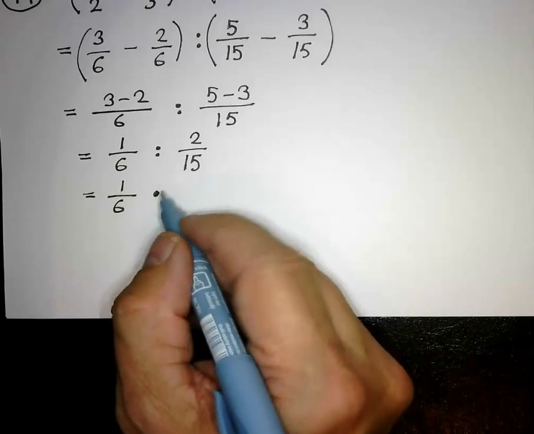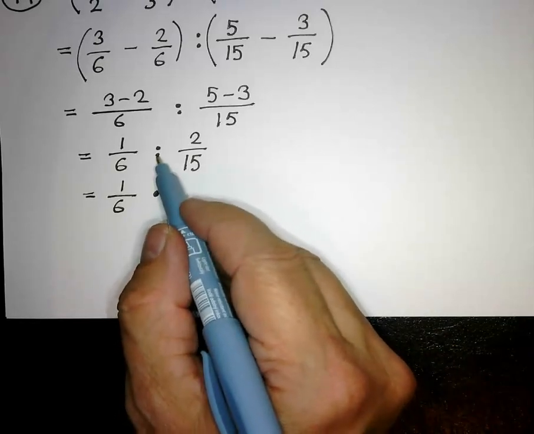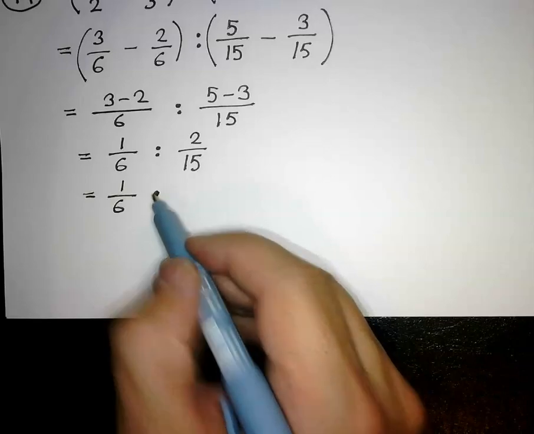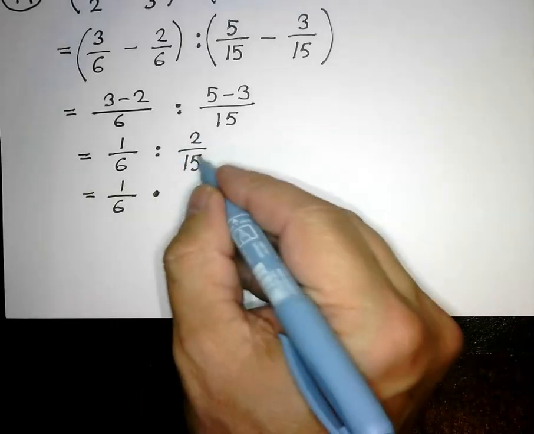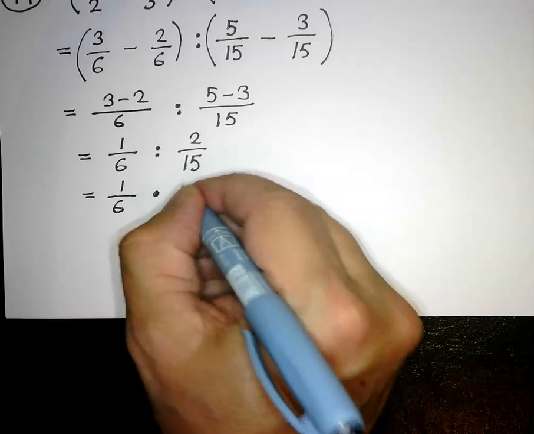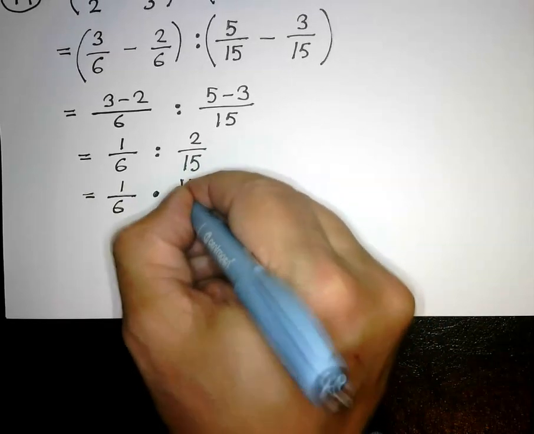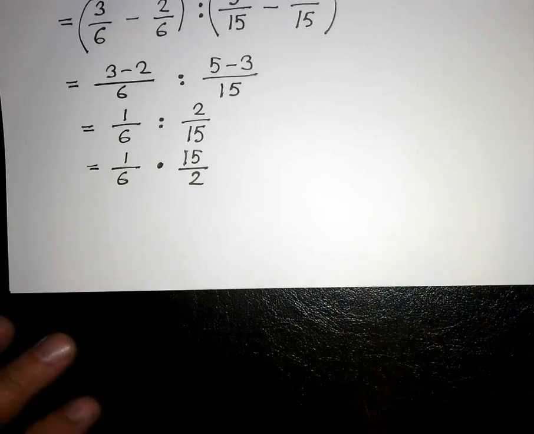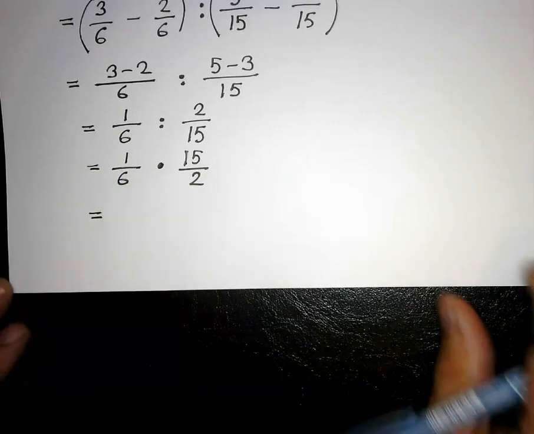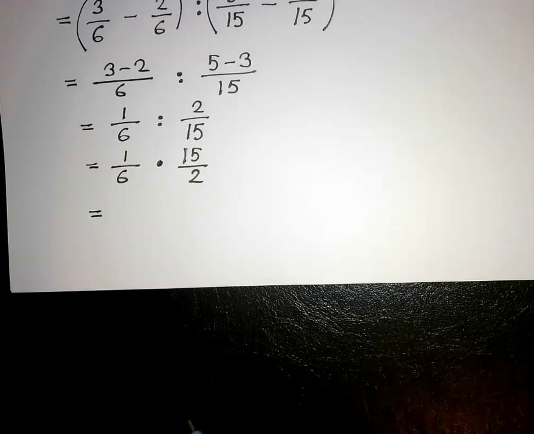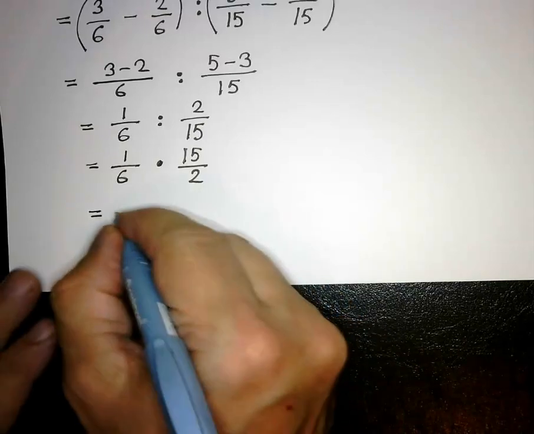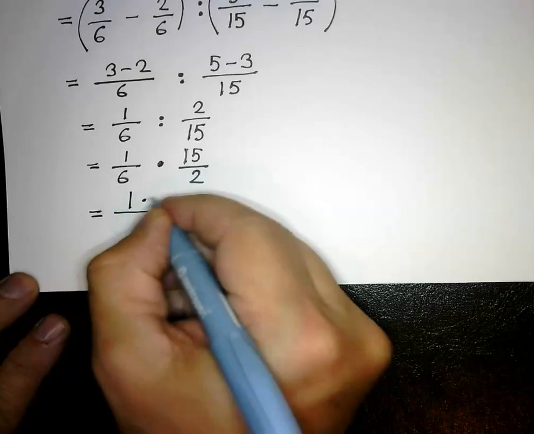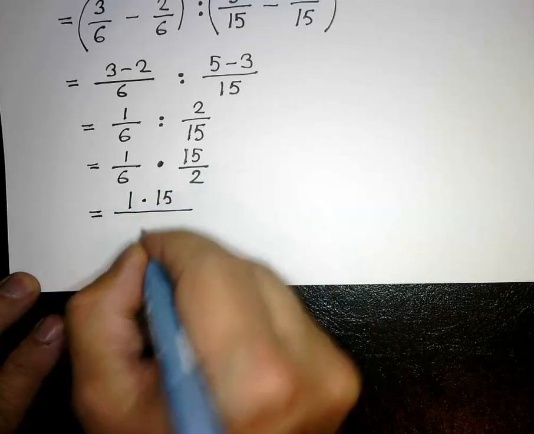So here I changed the division mark to a multiplication mark, and then I changed this order, so it will be 15 divided by 2. And then I will write this with a common division mark.